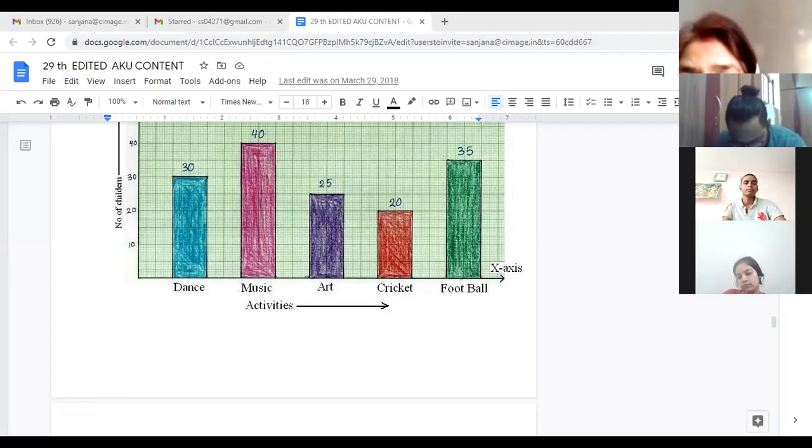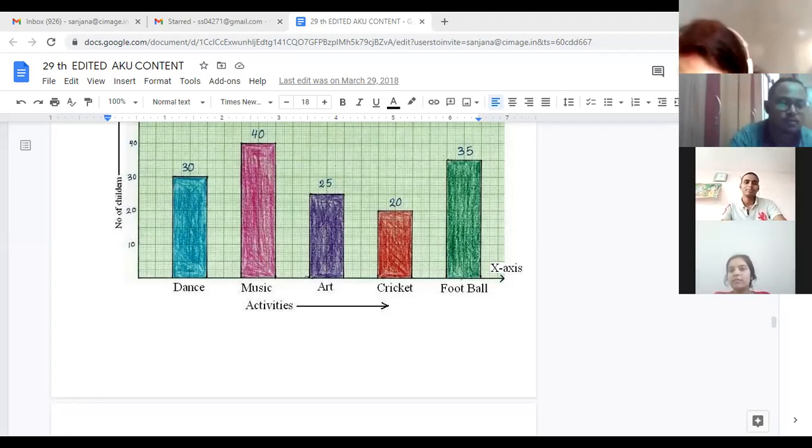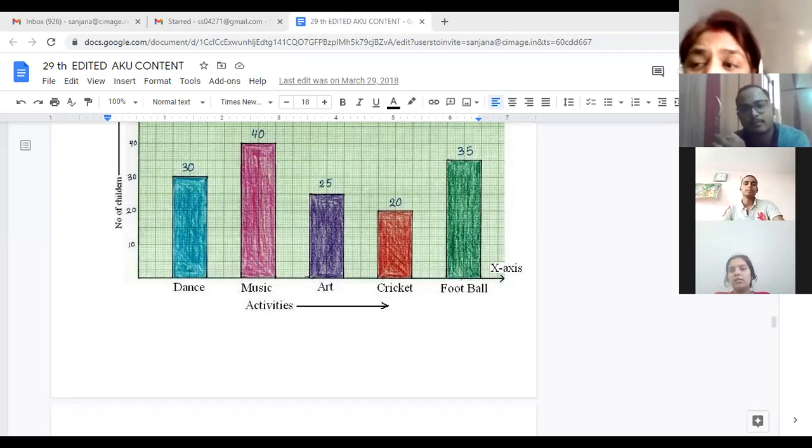Then chapter 5 is paraphrasing. What is paraphrasing? I think I've told you what is paraphrasing. So yes, what is paraphrasing? भूल गए. Ma'am, restatement of the passage. Yes. There are rules of paraphrasing.